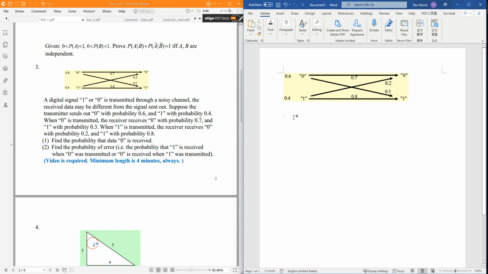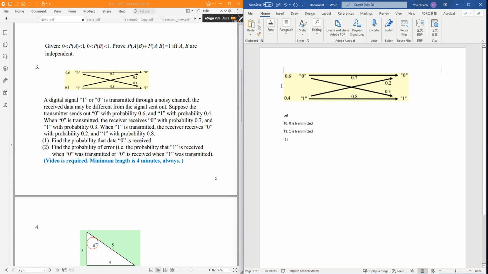Okay, so in order to solve this problem, actually we can make some markups. Let's say T0 is 0 is transmitted, and let's say T1 is 1 is transmitted.